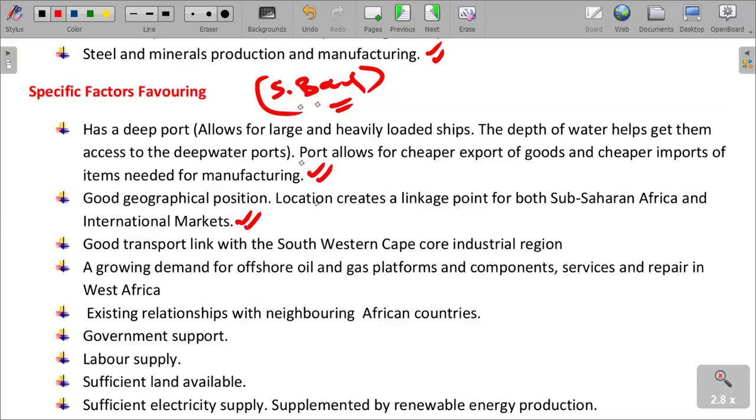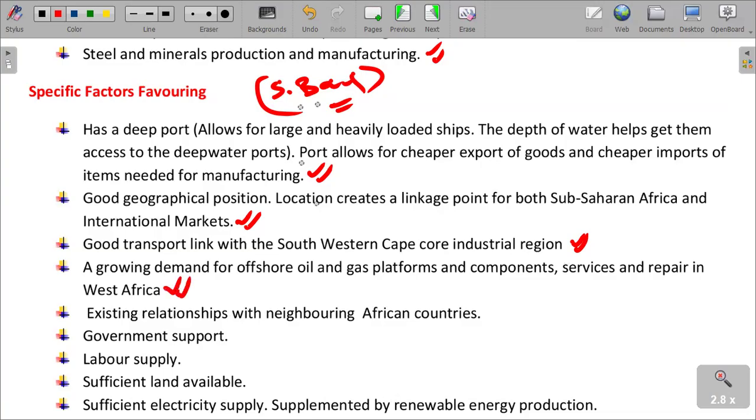Good transport links with the southwestern Cape core industrial region also play a good role there. There is a good transport link, and also a growing demand for offshore oil and gas platforms and components, services and repair in West Africa.